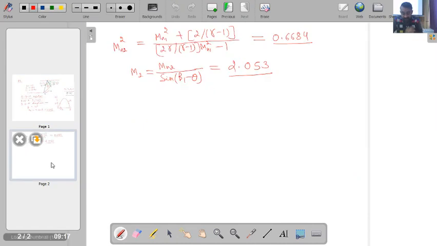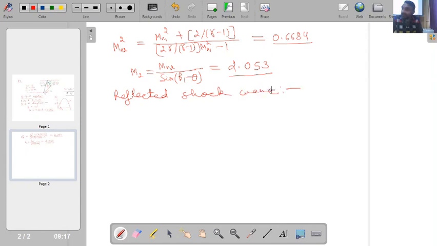These two lines are parallel, so theta over here is the same. It means that for the reflected shock wave, we have theta equal to 16 degrees and upstream Mach number M2 equal to 2.053. Corresponding to these two values, if I refer to the theta-beta-M diagram, I will get the value of beta 2.